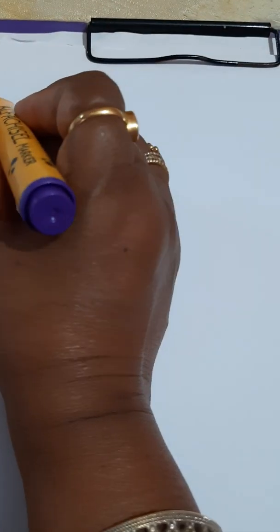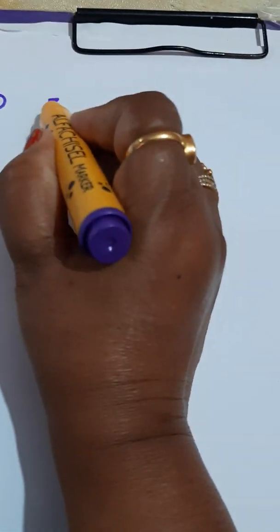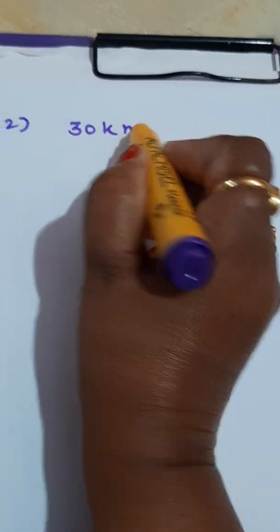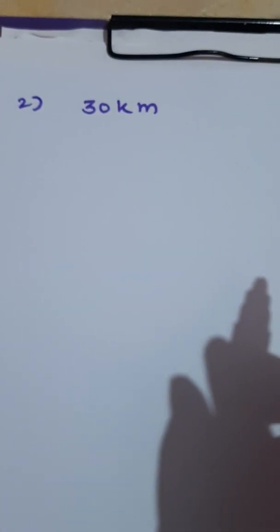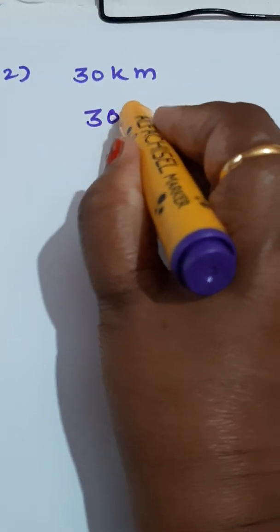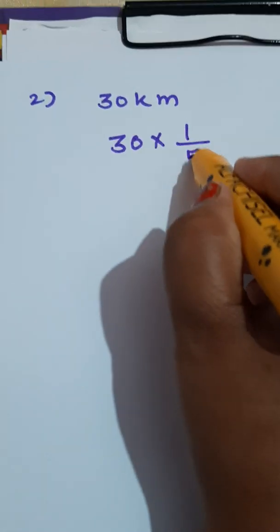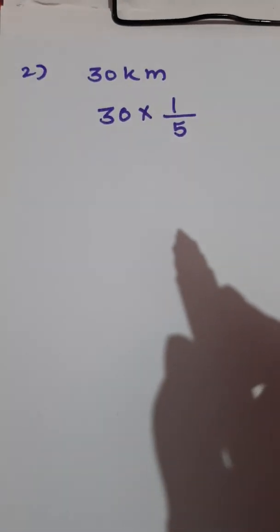Next, second one, 30 kilometers. What is 1/5 of 30 kilometers? How to find out? The same way, 30 multiplied by 1/5. Here we want to find out 1/5, so multiplied by 1/5.